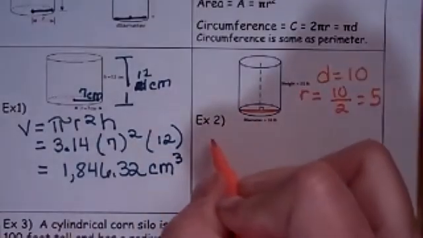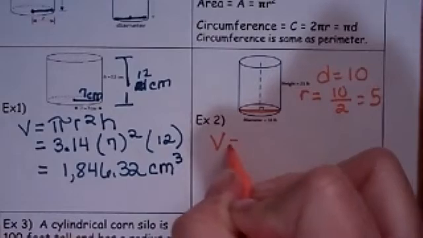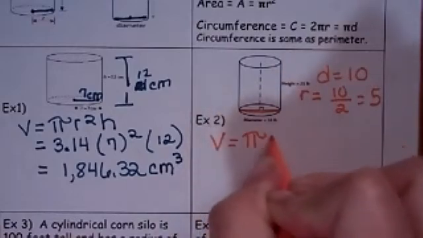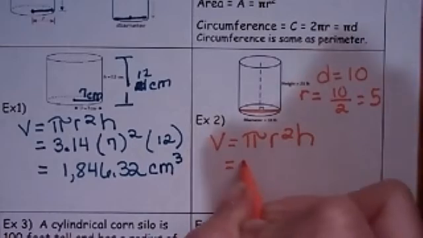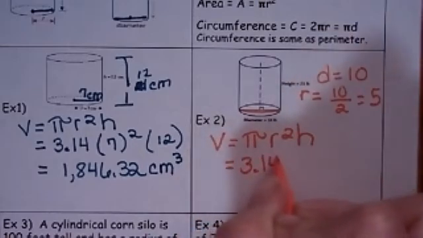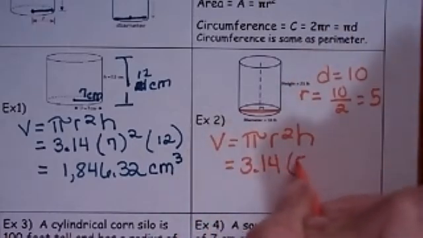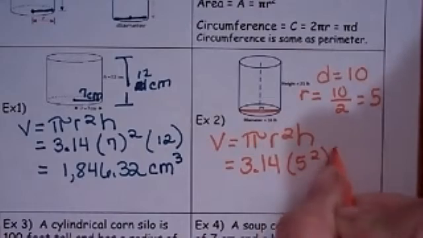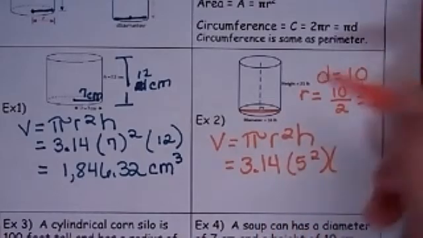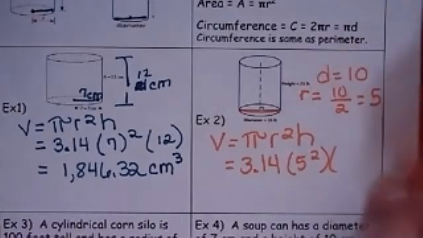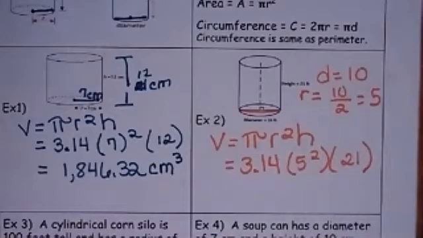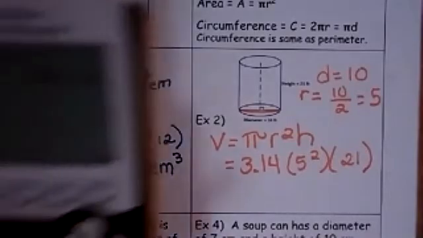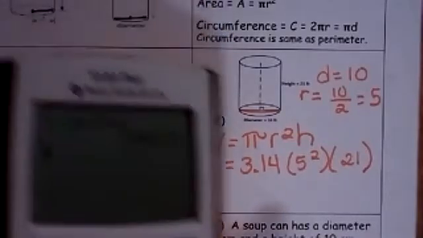Okay, so I've got volume equals pi r squared h. So it's going to be 3.14 times 5 squared times, what was my height? It's right here, and my height is 21. Right there. Now, again, all I'm going to do is grab my calculator.